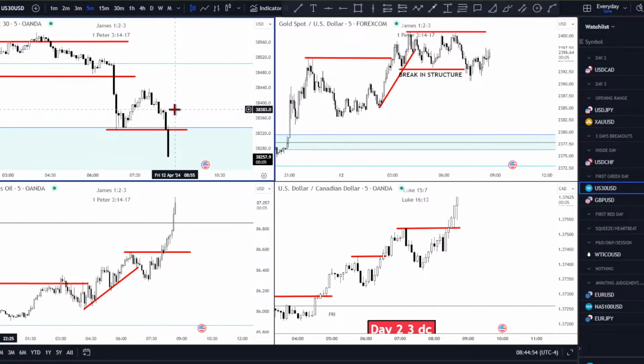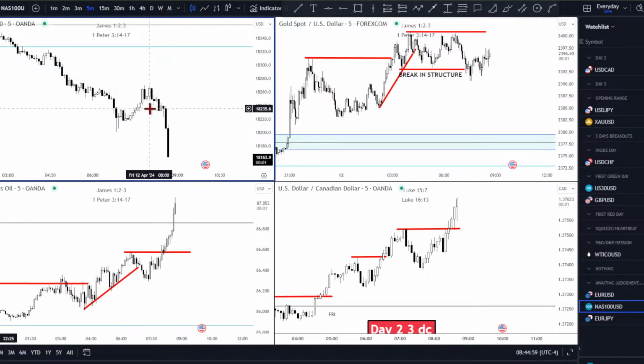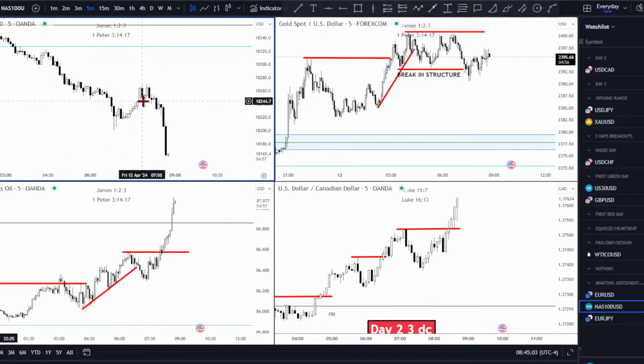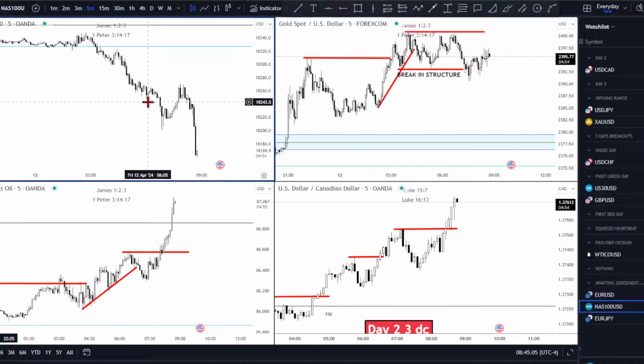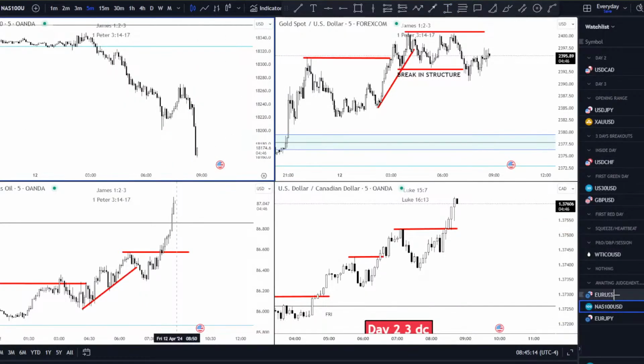Nasdaq low-hanging fruit. Did it already happen? Yep. Set up pretty similar to US 30 as well. You can see the little pump up, lower high, peak formation high, level 2 consolidation, dropping down, going to level 3. Plenty of room. Same thing with US 30.